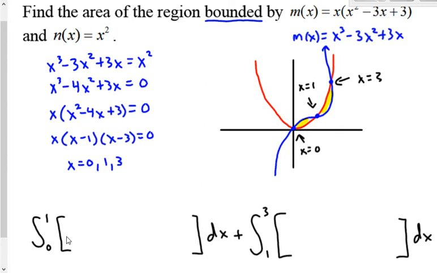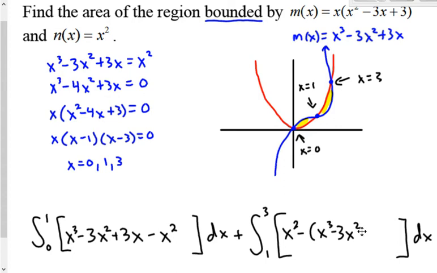So I'm going to take the x cubed minus 3x squared plus 3x, so I'm going to subtract the x squared. But then from 1 to 3, the x squared's on top, so for this one I'll do x squared minus x cubed minus 3x squared plus 3x.